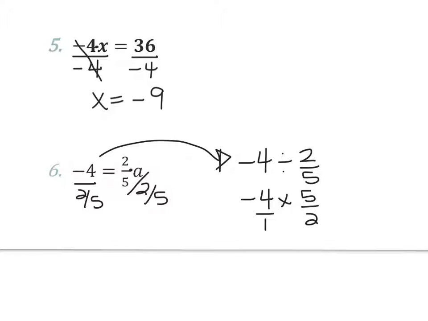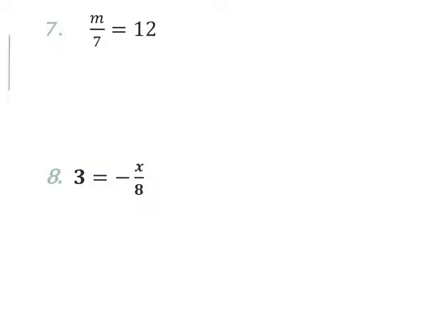To multiply fractions, I need to have them both as fractions, and I multiply straight across. So I have negative 20 over 2, which is negative 10. Or I could have simplified my fractions right here and still would have gotten negative 10. So my answer, negative 10, equals a. I'll give you some assistance in class to help you out with fractions on the calculator as well.